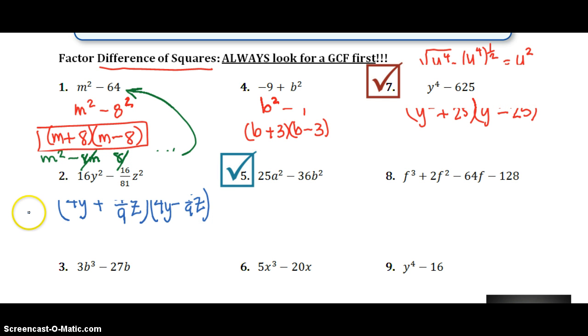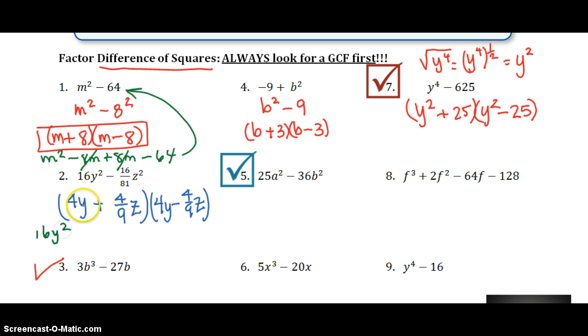So when you check yourself with the FOIL method, 4y times 4y is 16y squared. Then you're going to have 4y times 49z, which is going to give us a negative 16 over 9yz. And this is going to give us a positive 16 over 9yz.